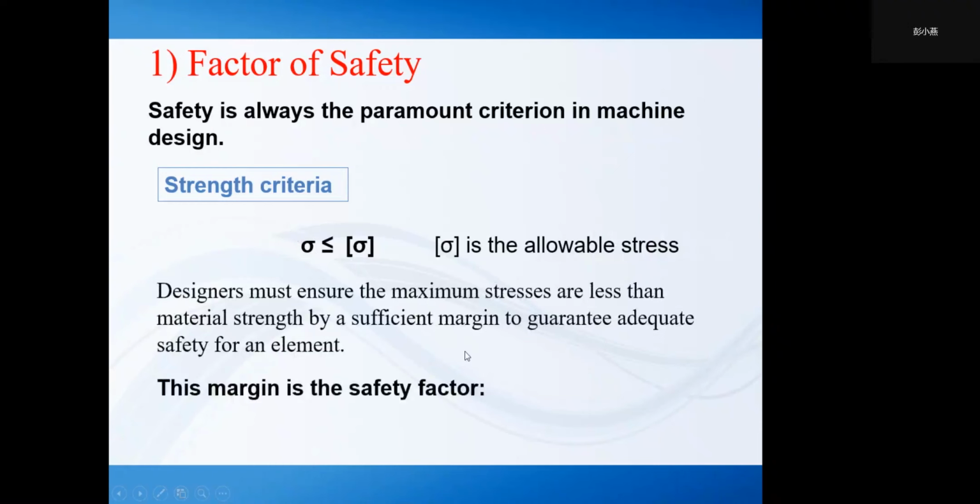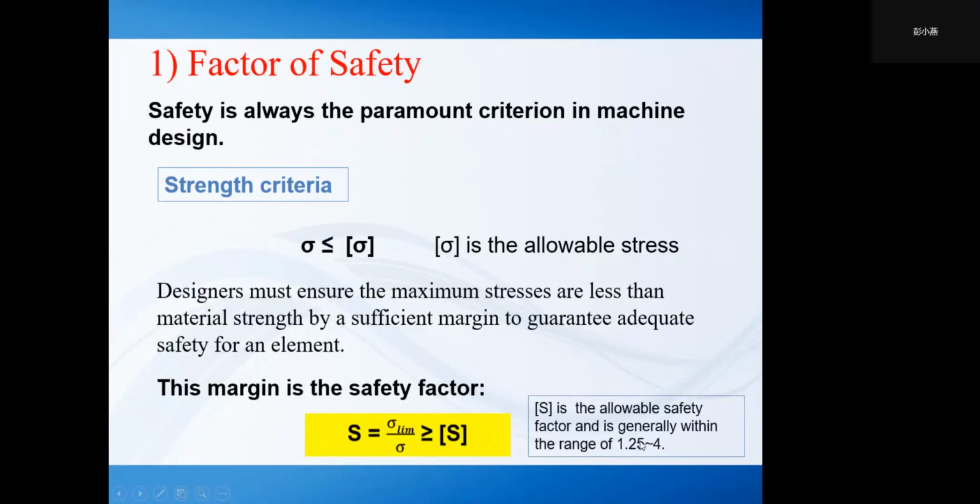And the margin is the safety factor. It can be expressed as this. The safety factor should be larger than the allowable safety factor. And the allowable safety factor is generally within the range of 1.25 to 4.